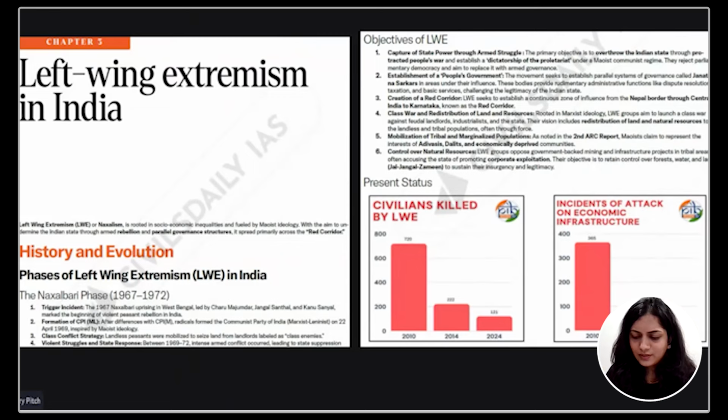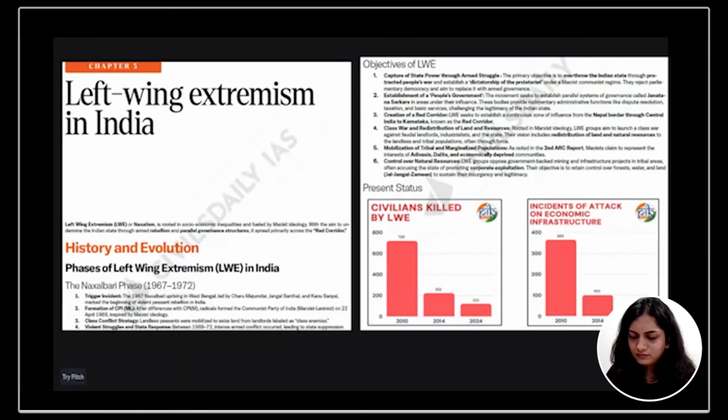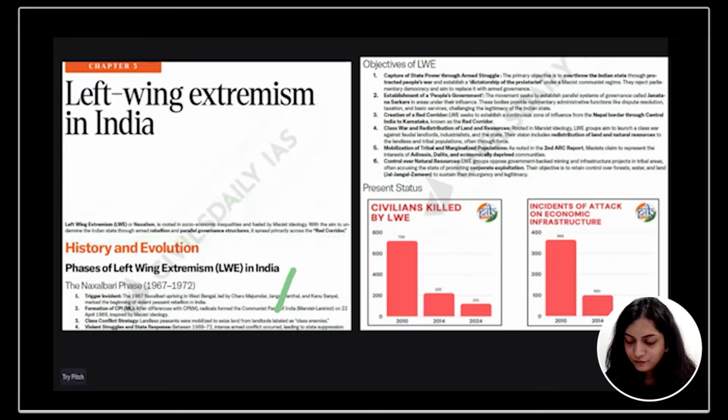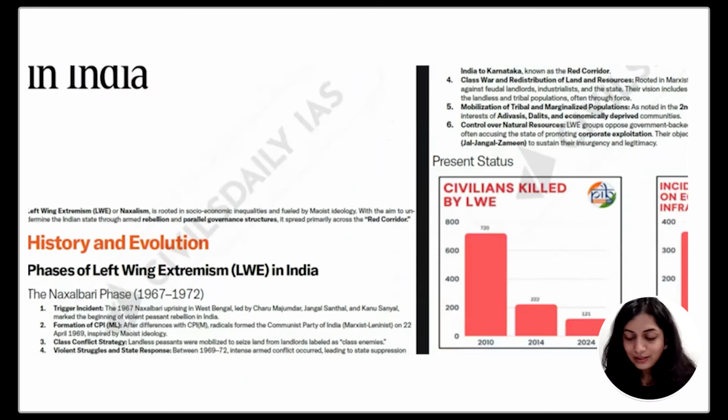So, left-wing extremism in India. Now just see here. The introduction is ready. ठीक है? How beautifully they have framed it. Left-wing extremism or Naxalism is rooted in socio-economic inequalities and fueled by Maoist ideology, with the aim to undermine the Indian state through armed rebellion and parallel governance structure.